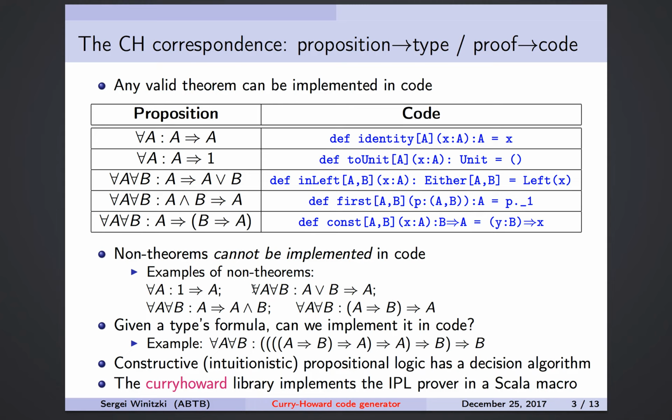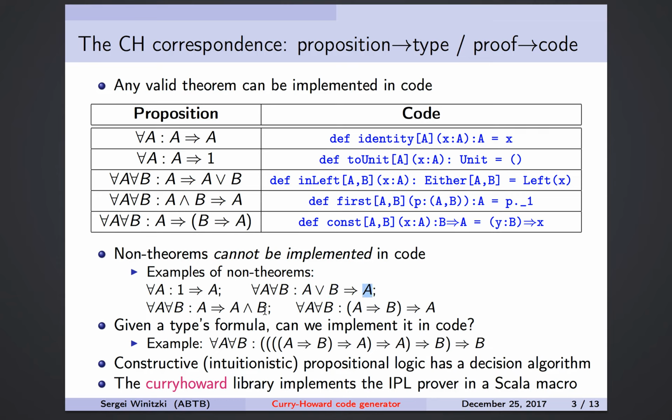Another example of non-valid formulas, non-theorems, is that for every A and B, if you have A or B, then you get an A. That cannot be done. In Scala this would be an Either of A and B. You cannot return A from an Either of A and B, because what if it didn't contain any A? It would only contain B. You cannot produce an A then, and so on.